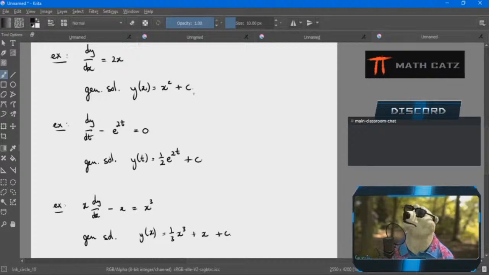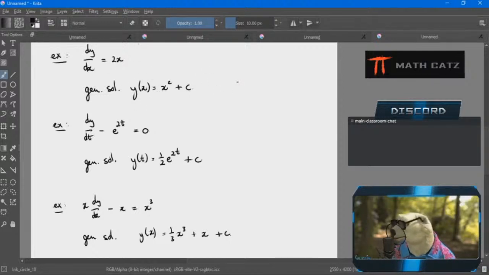But now you could ask, well, this isn't really a function specifically. What in particular do you want? This c can be any number, so my answer is still a little vague. You're going to have to give me some information.